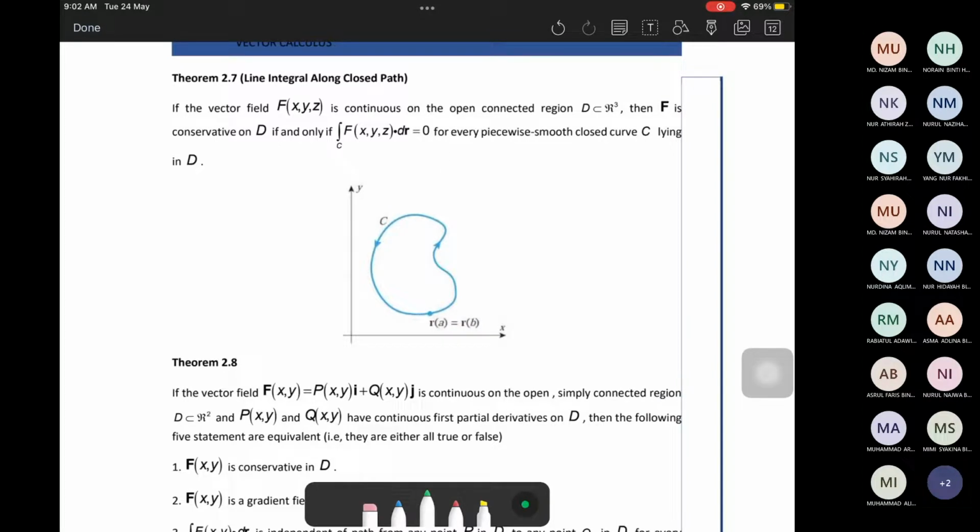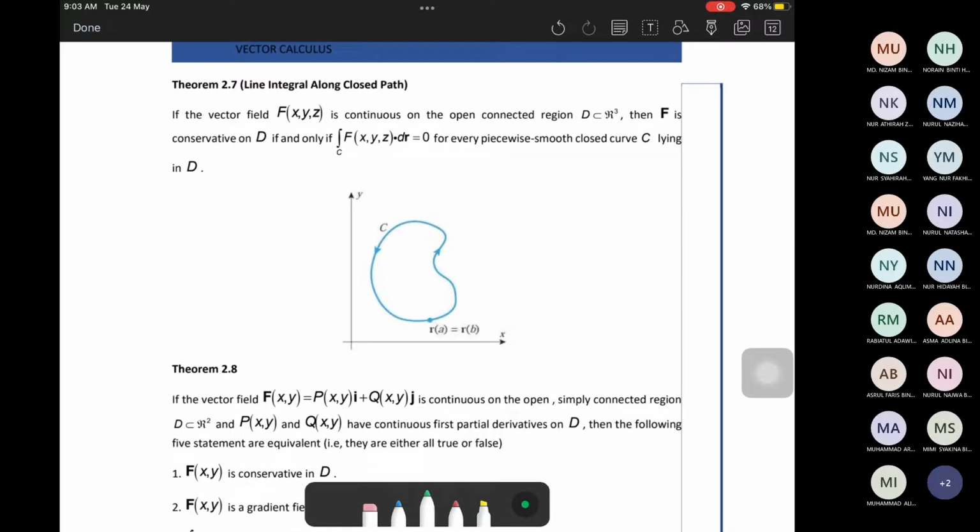In theorem 2.2, line integral along closed path. Okay, if the vector field F(x,y,z) is continuous on the open connected region D, a subset of vector space 3, then F is conservative if and only if the integral of F dot dr equal to 0. Jadi case pula, misal kata F adalah konservatif dan dia punya curve adalah jenis closed curve.